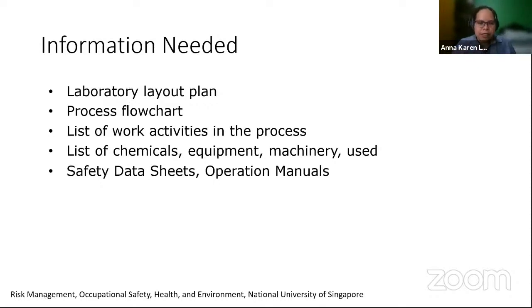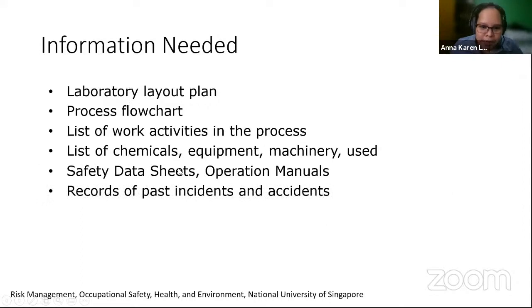Safety data sheets will provide you the hazards of the different chemicals as well as the proper handling and storage conditions. Your operations manuals will provide information regarding the safety hazards of your equipment. They're very useful.